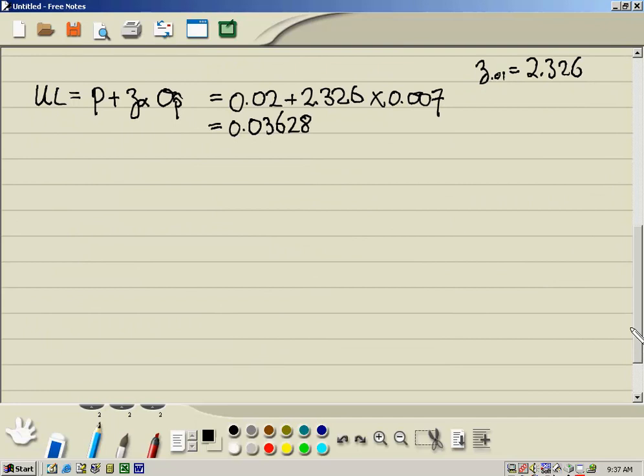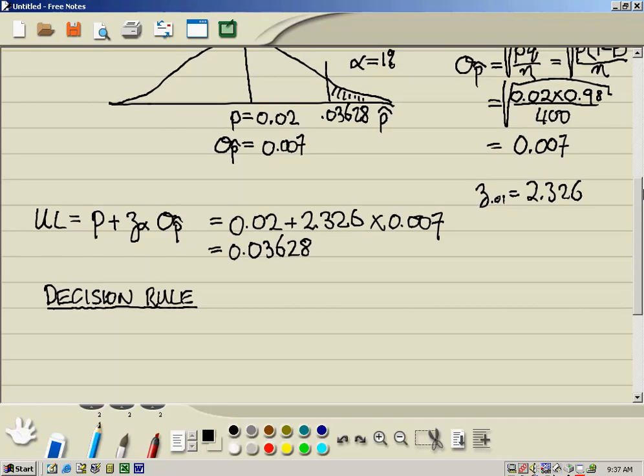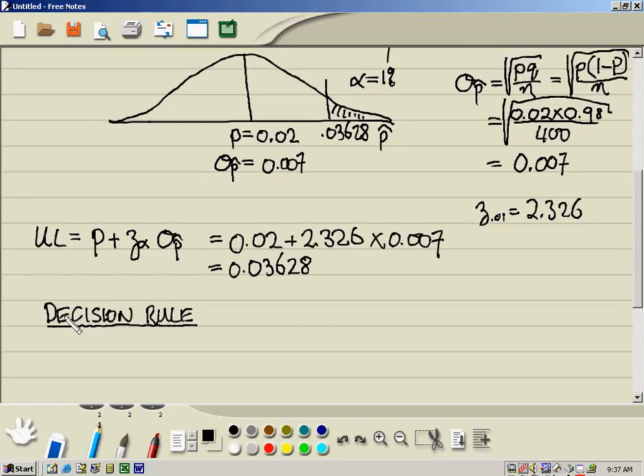Okay, so from there we do our decision rule. Alright, so first part, the acceptance region.